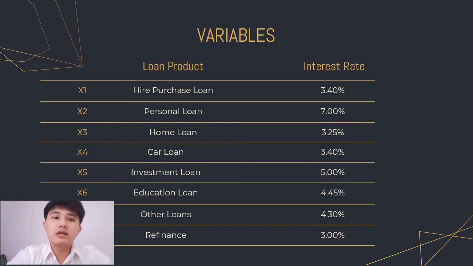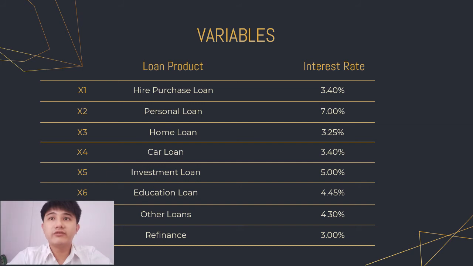So the loans that we make as variables are hire purchase loan, personal loan, home loan, car loan, investment loan, educational loan, other loans, and refinance. Each of the loans has been defined accordingly from X1 to X8.